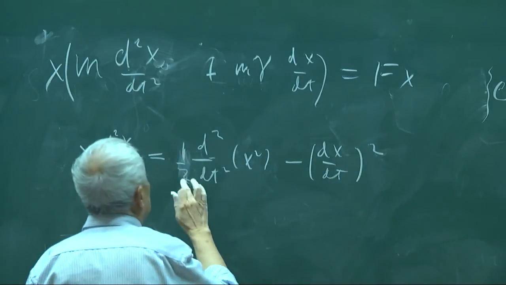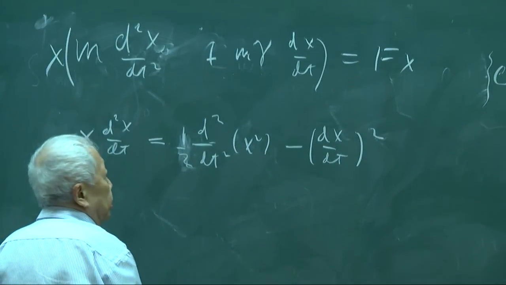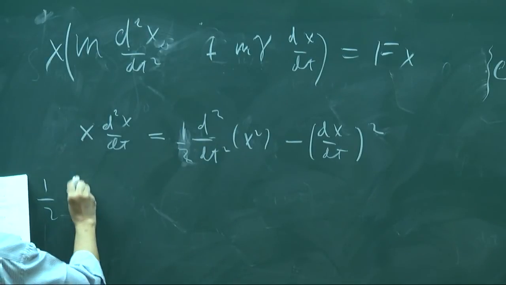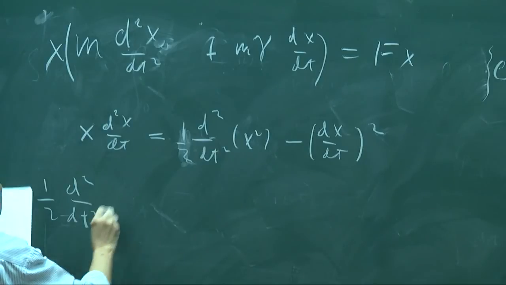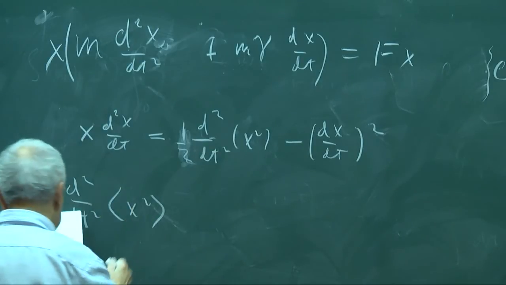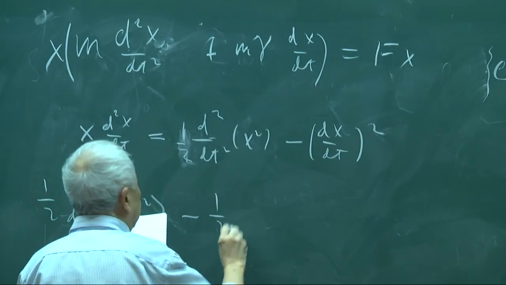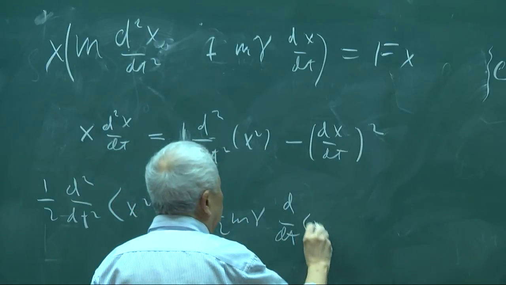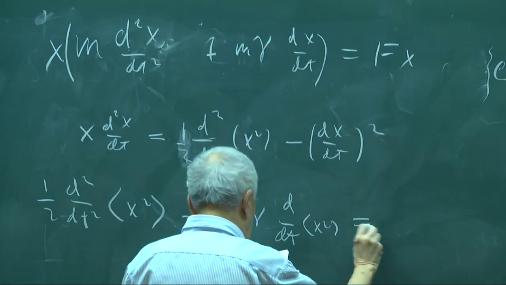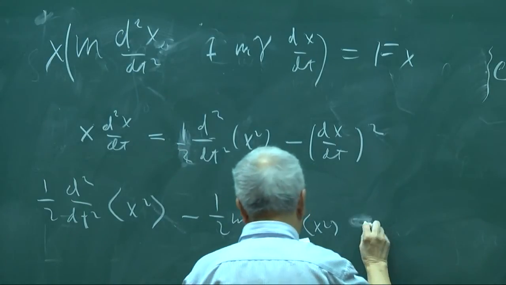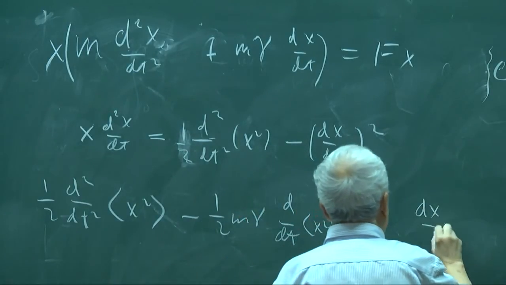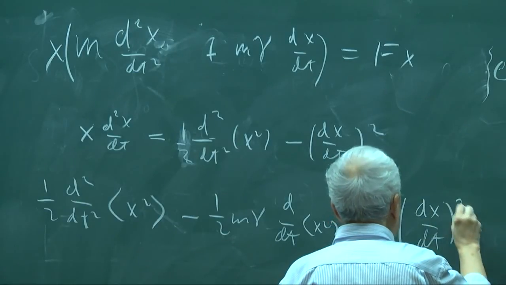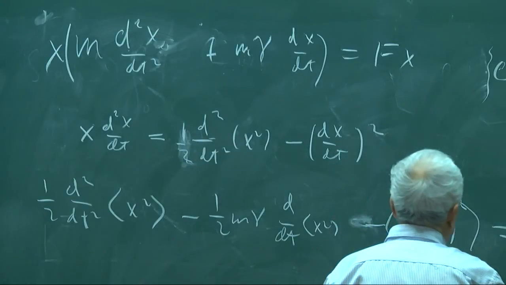This is just a simple differentiation relation. And therefore on this side we have 1/2 m d squared/dt squared of the average of x squared, minus 1/2 m gamma d/dt of x squared is equal to minus m (dx/dt) squared average.